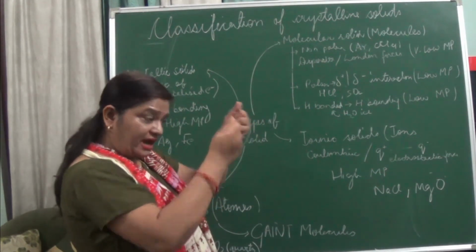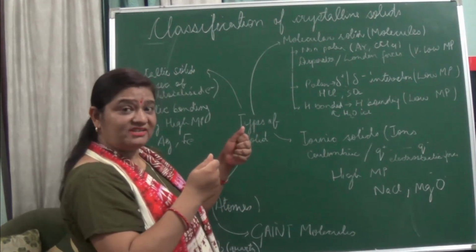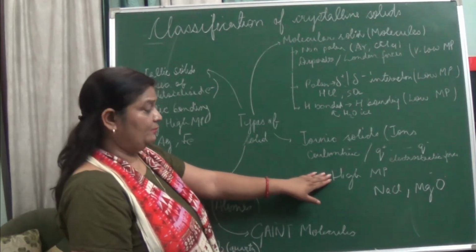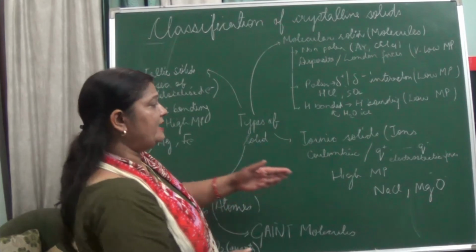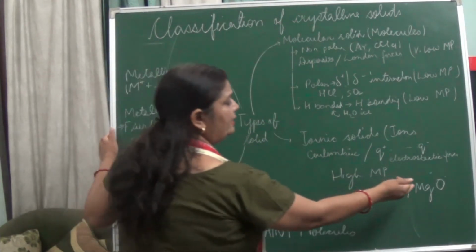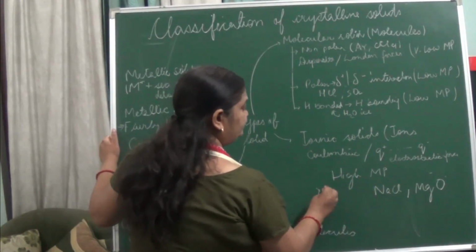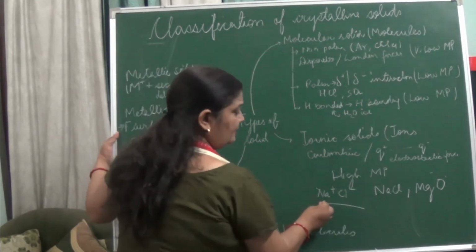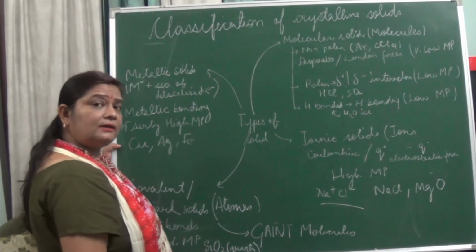To break that, more energy is required, so it will have a high melting point. Examples of ionic solids you can take are sodium chloride, magnesium oxide, Na plus Cl minus. This is an ionic solid.